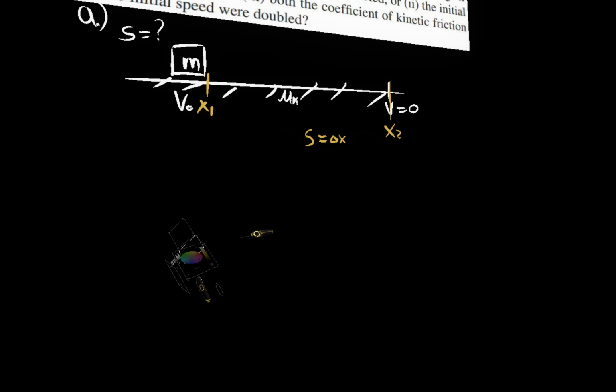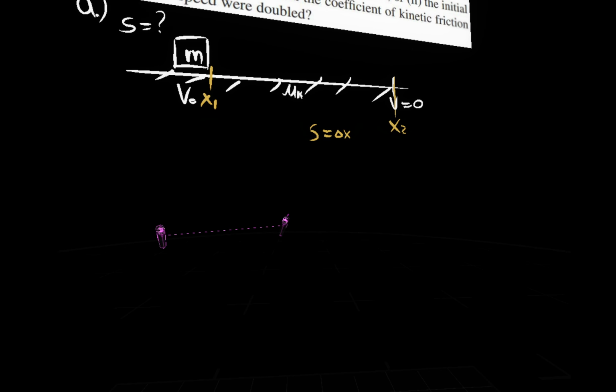So now the next thing to do, I'll switch back to colors because they're pretty, is to do a free body diagram. So we have some gravitational force, some normal force, and the kinetic friction force. So here's gravitational force.